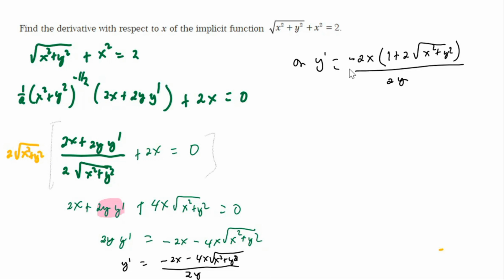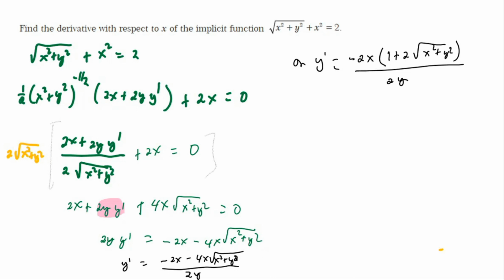Again, let us check. Negative 2x times 1 is negative 2x. And negative 2x times positive 2 square root of x squared plus y squared is equal to negative 4x of square root of x squared plus y squared.